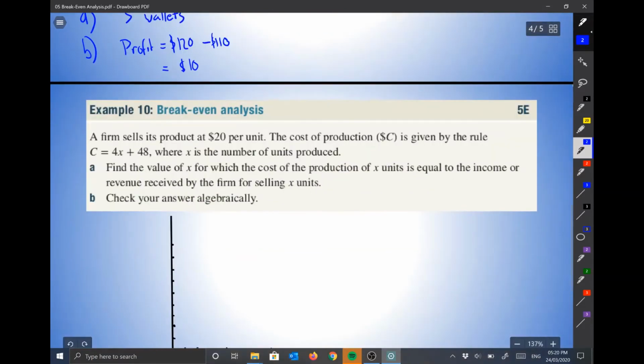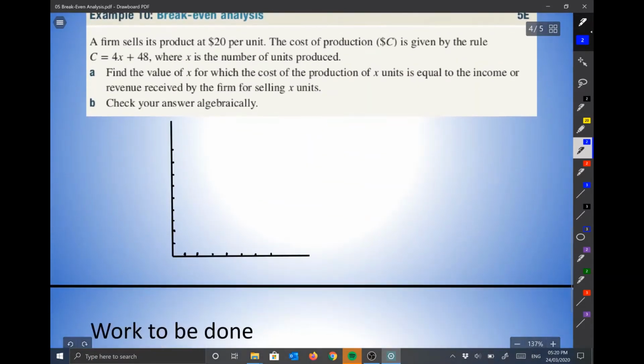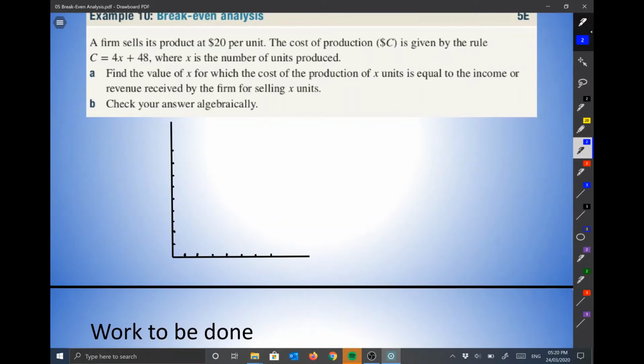Now we can also have questions where we need to draw the graph for ourselves. So here we have a firm selling a product for $20 per unit, and the cost is given by this formula. It seems like this question isn't giving us a formula for the income, but it's just giving it to us in words.